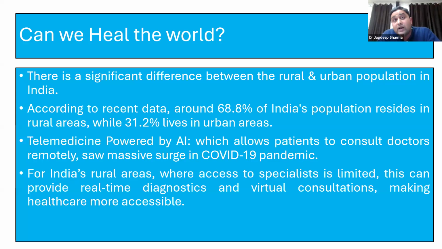For India's rural areas where access to specialists is limited, this can provide real-time diagnostics and virtual consultations, making healthcare more accessible and helping in the equitable distribution of healthcare.